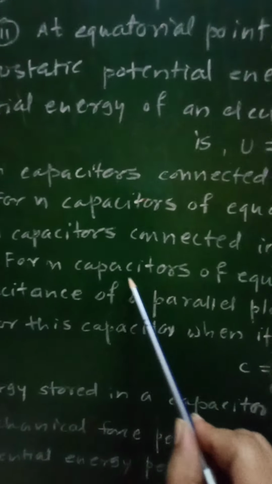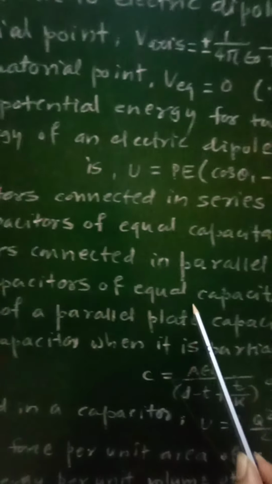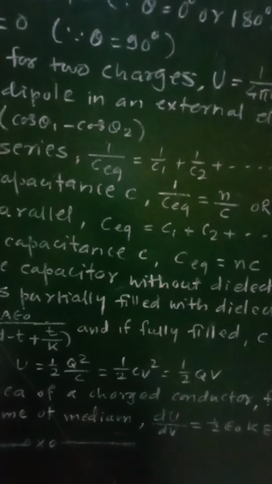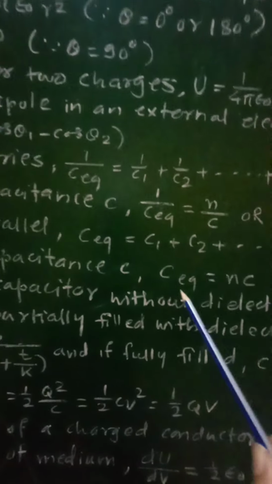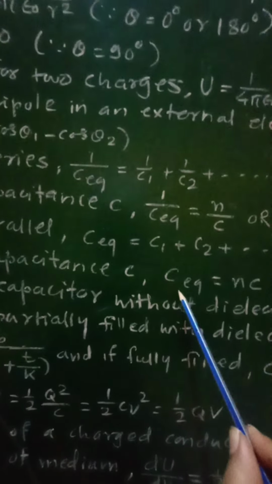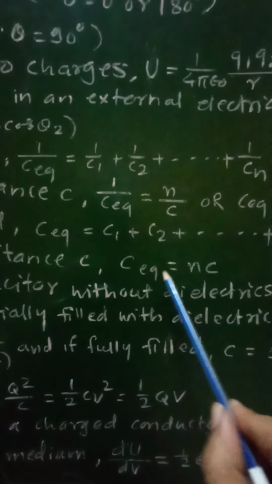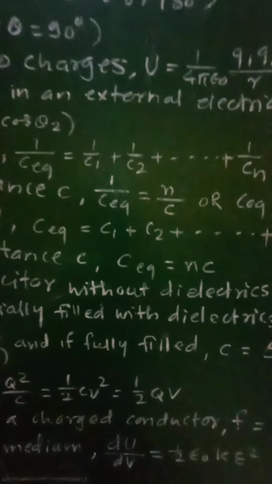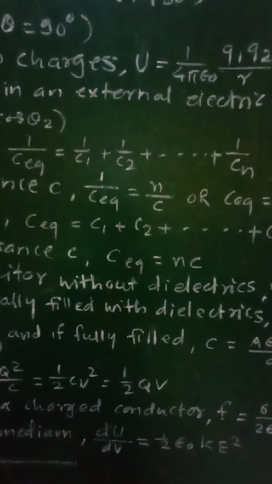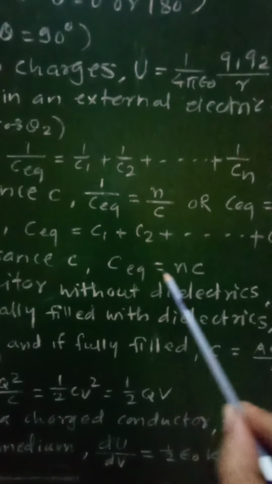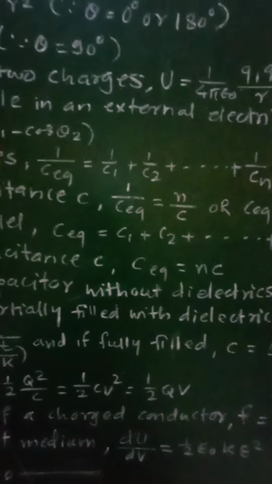For n capacitors of equal capacitance C connected in parallel, C equivalent will be equal to nC. From this we can say that if the capacitors are connected in parallel, then their equivalent capacitance increases.